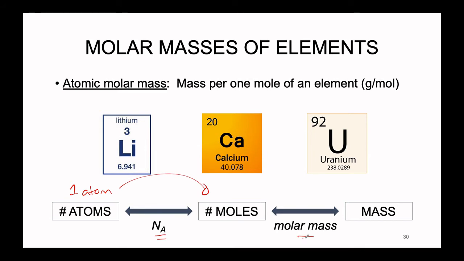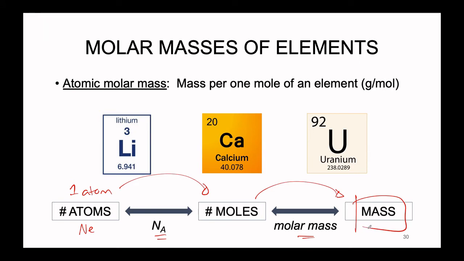And we can use the molar mass of neon to figure out what the mass of that atom is, because we know the identity of the atom is neon. Avogadro's number doesn't really care about the identity of your substance, molar mass does. So if we know Avogadro's number, which we do, and the molar mass of the element we're working with, which we can find, we can figure out what its mass is.